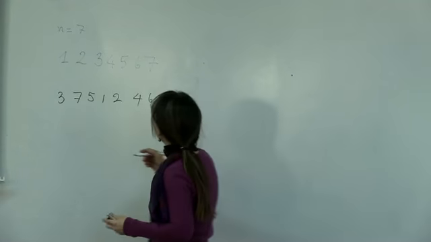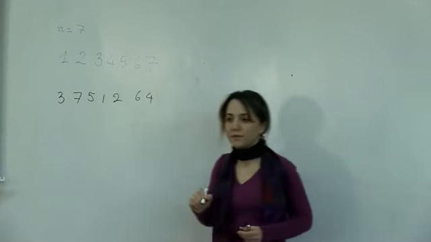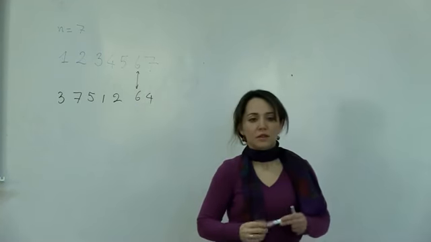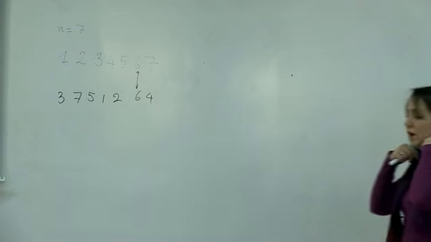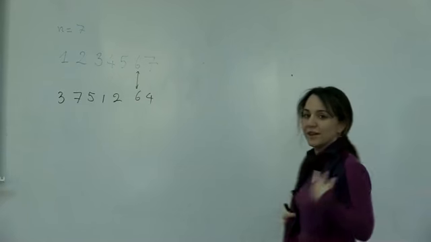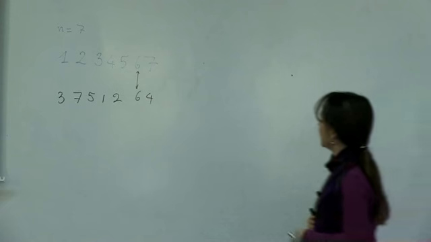But for example, if it was like this, 6 is, after the random shuffling, 6 ended up in its own original place.